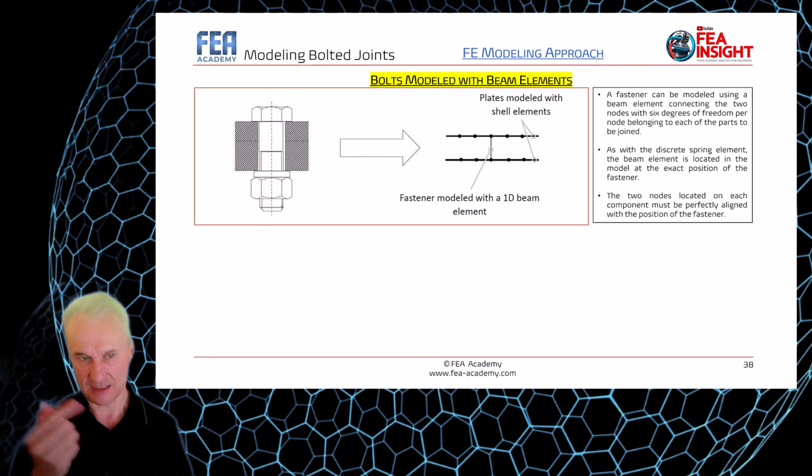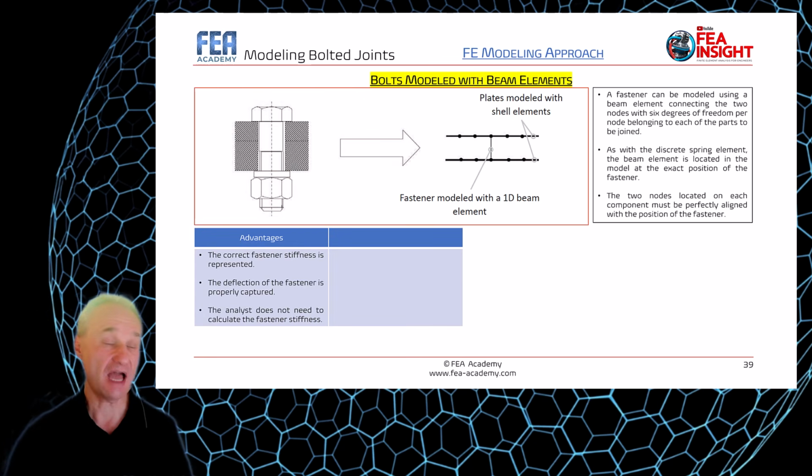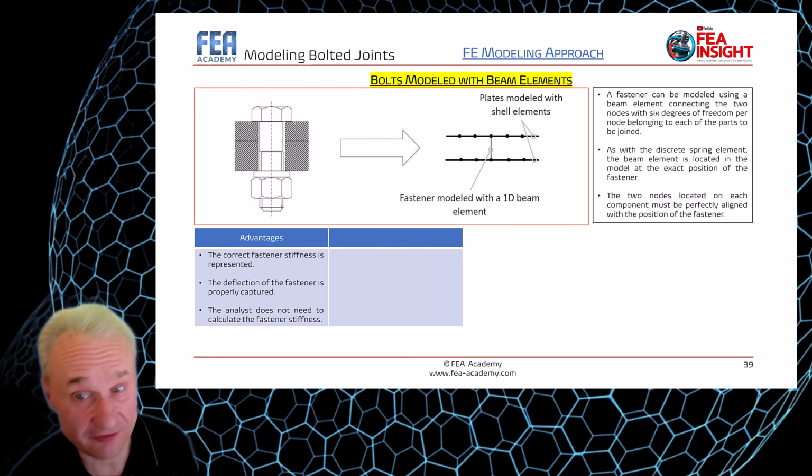Like the 1D spring element, the two nodes located on each component must be perfectly aligned with the position of the fastener. The advantage of this approach is that the correct fastener stiffness is represented and the deflection of the fastener is properly captured. Another advantage is that the analyst does not need to calculate the fastener stiffness.